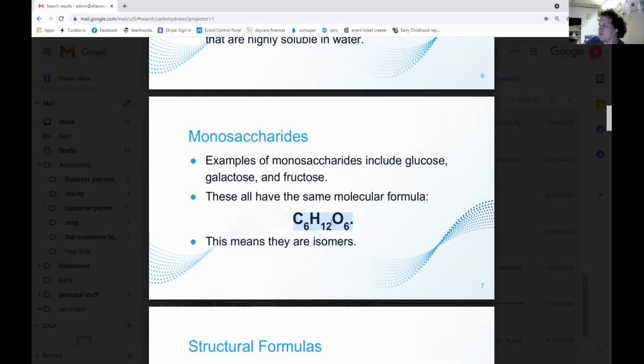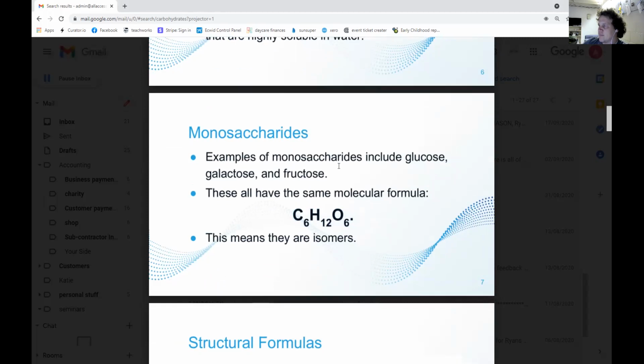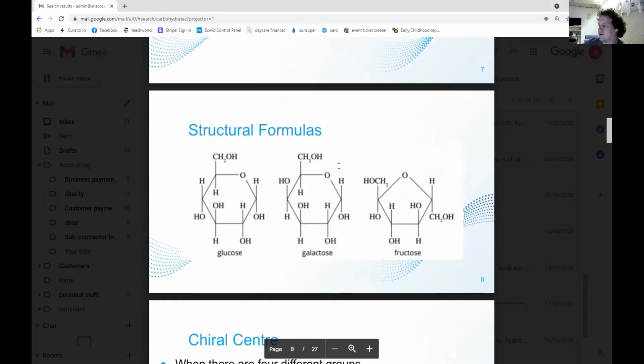Glucose, galactose, and fructose. They are all isomers of each other. So three structures are here. I'm not going to make you draw them because you can draw them in your own time.